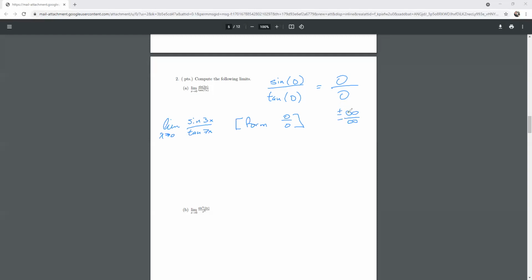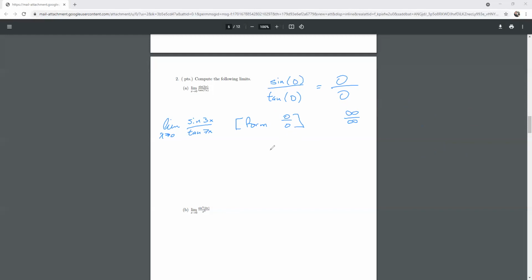Infinity over infinity or 0 over 0. If you have something like this, or something like this, I'm pretty sure this last one is also indeterminate, anything like that, you cannot use L'Hopital's rule, right? It has to be this or this. So just something to keep in mind. You can modify these though to get into something like this. That is something you can do.